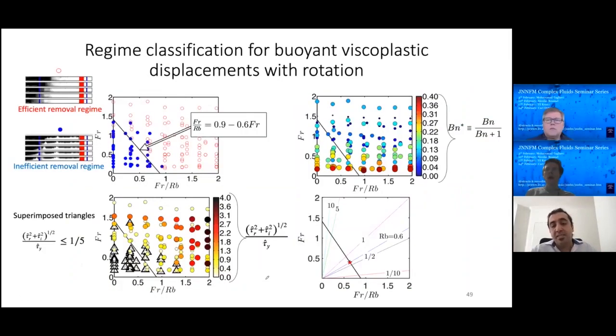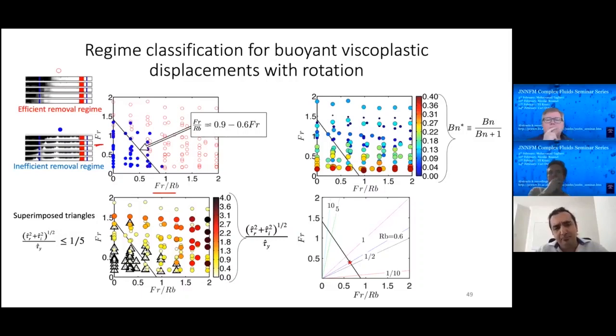And this is my last main slide. So if we put the data points, in terms of the efficient and inefficient displacement flow regimes, in the same plane that we introduced earlier, Froude number and Froude over Rossby number, we can observe that the data points are reasonably segregated using these dimensionless groups.